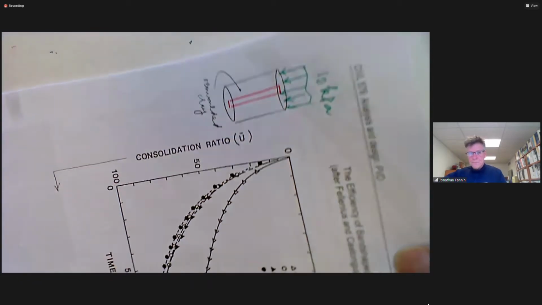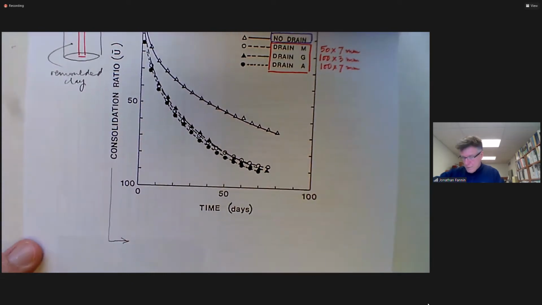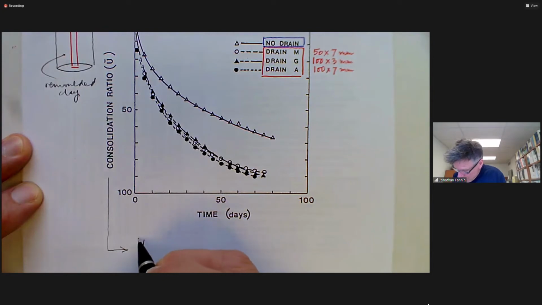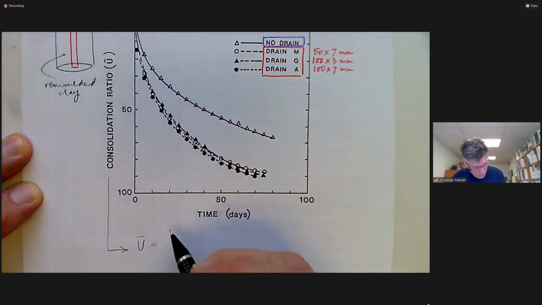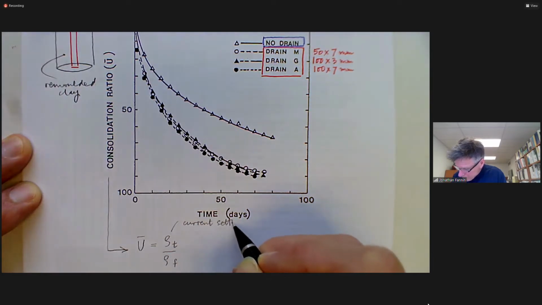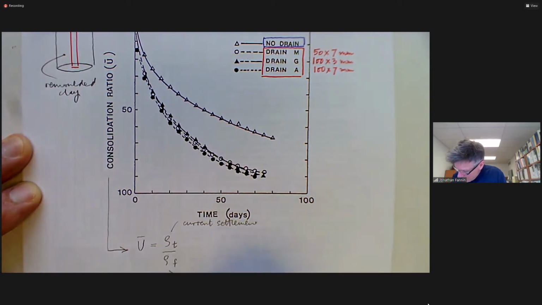So the consolidation ratio, U bar, is equal to the settlement at any time. I'm going to give settlement this symbol here because it's useful for future notes coming up from another reference, over the ultimate or final settlement, but let's call this current settlement, as a function of final settlement.